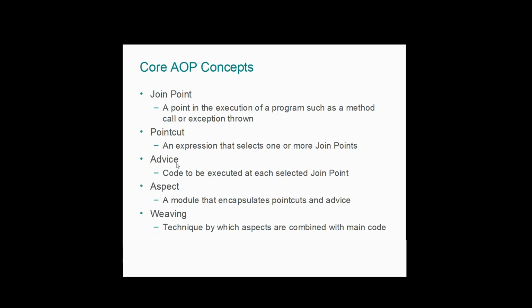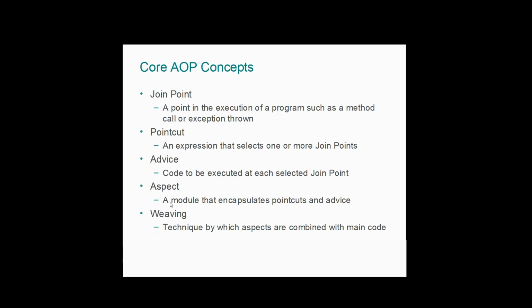Now advice. Advice is a piece of code to be executed at the selected join point. This join point has been selected by the pointcut expression. There is a little piece of code which will execute or be inserted at the selected join point. That's advice.